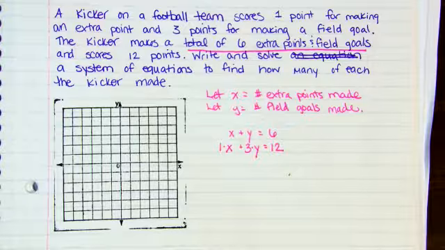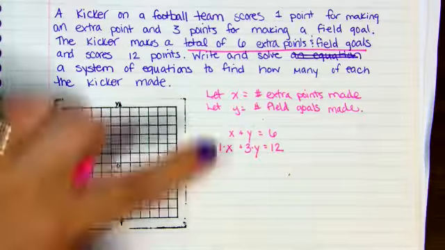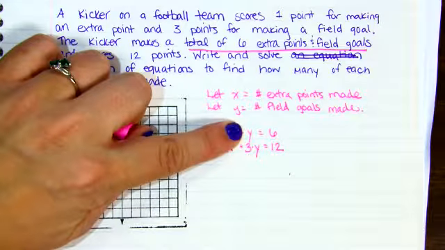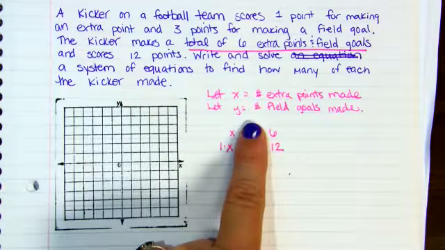Now in this case, because this is written in standard form, which is going to be common for a lot of our real world problems, they just make more sense to write them out in standard form. What I'm going to do is I'm just going to use my intercepts. If I put in 0 for x, I get 6 for y. If I put in 0 for y, I get 6 for x.